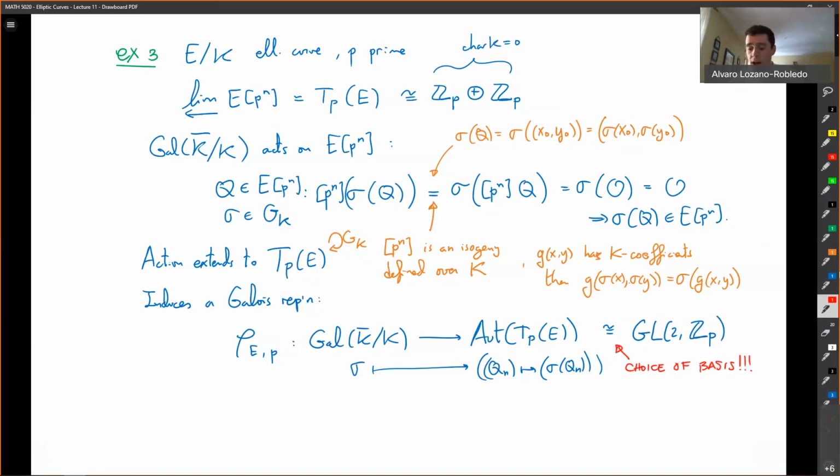Now, a fact that we will see later is about the determinant.